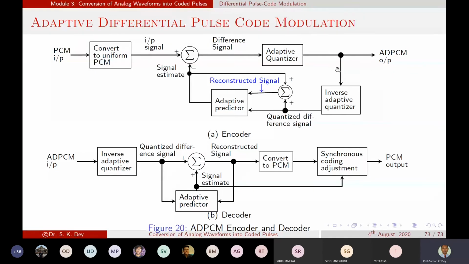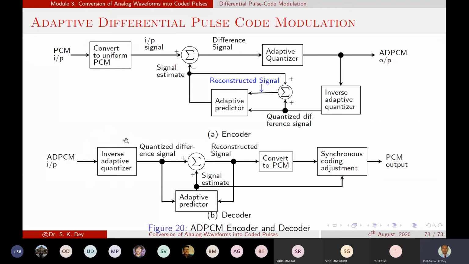At the receiver end, the ADPCM input comes in, and then there is the inverse adaptive quantizer.